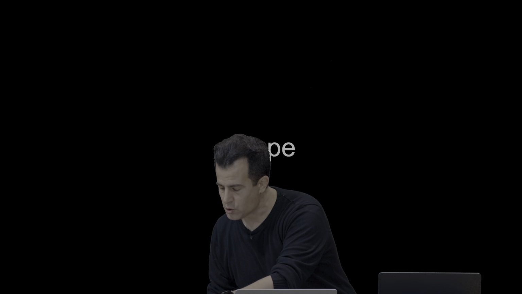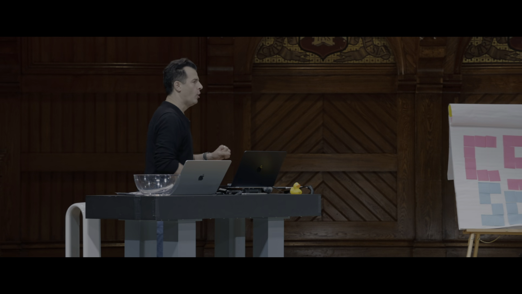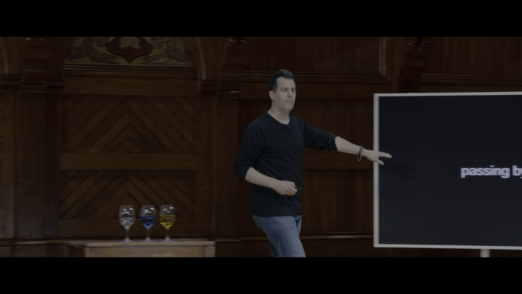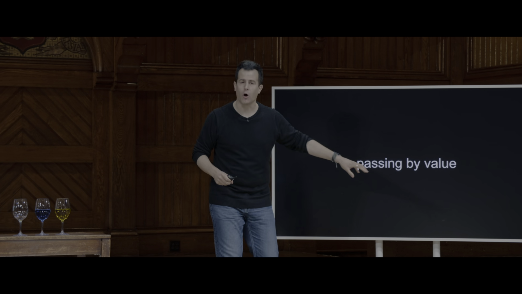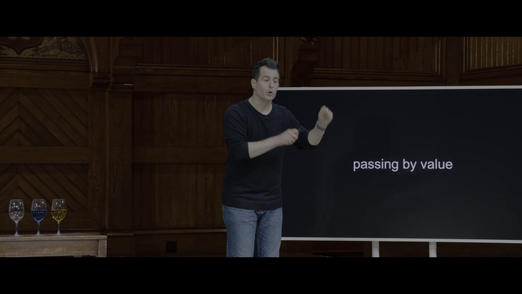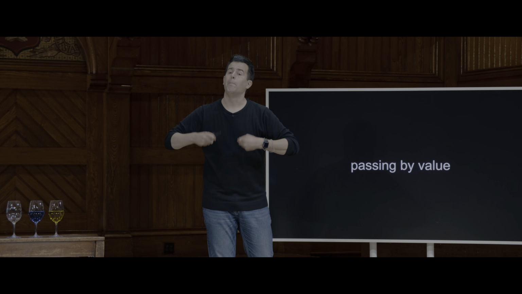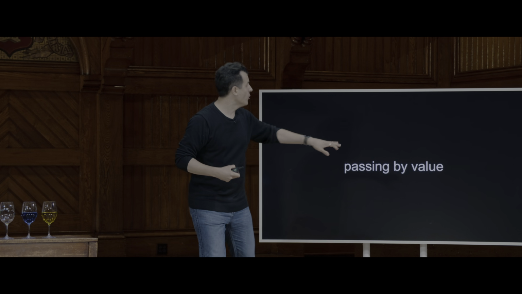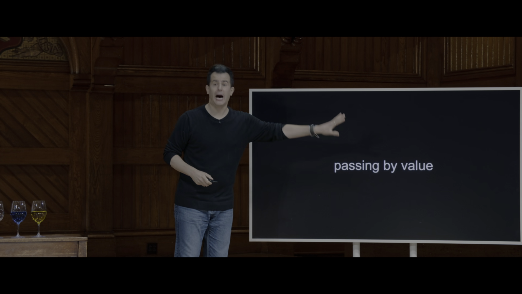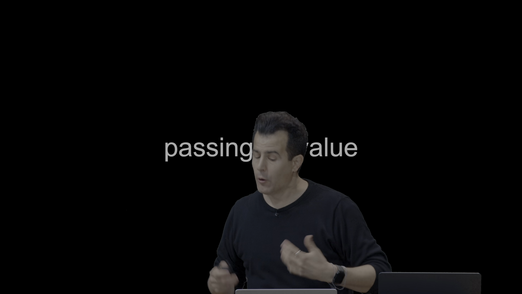So what do I mean by this? Well, with matters of scope, it turns out that in this case, the way I've implemented the swap function, I'm doing something a programmer would call passing by value. I'm literally passing in x and y by their values, 1 and 2. Another way of putting this is passing by copy. So when I pass x and y into the swap function, it turns out swap is actually getting copies thereof.